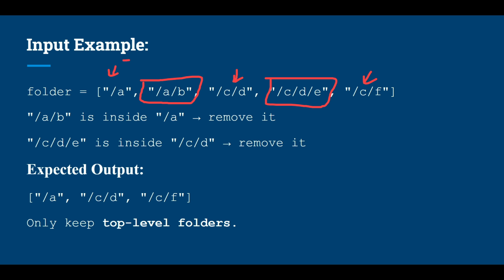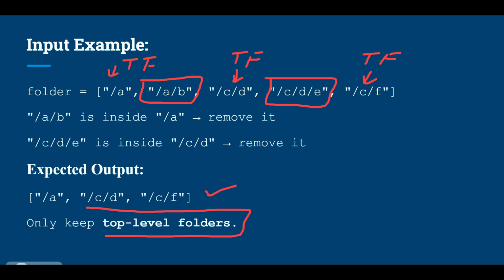These are top level folders, but these are subfolders, and we have to keep only top level folders. So this is our output. We will make a note that we will keep only the top level folders, and subfolders we will delete, we will remove, right?